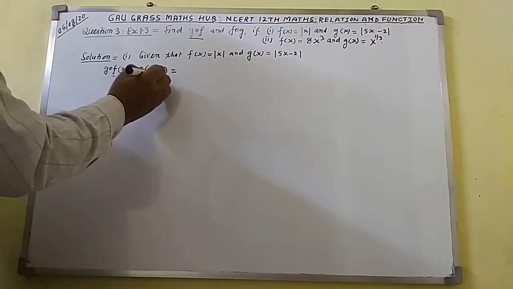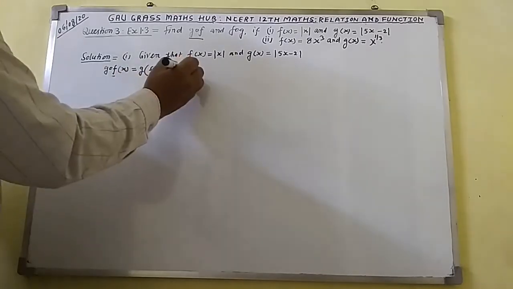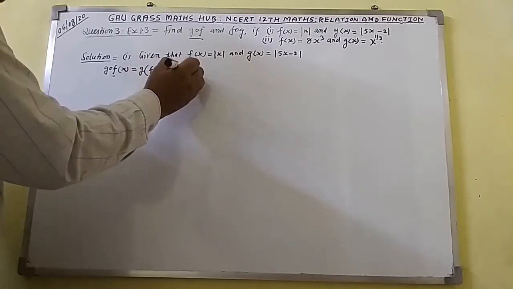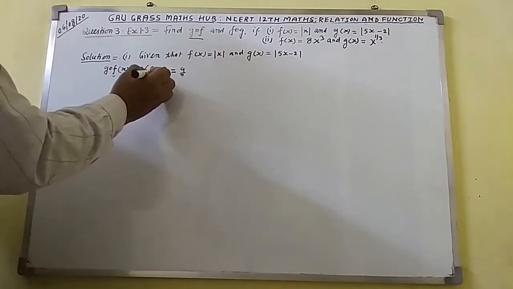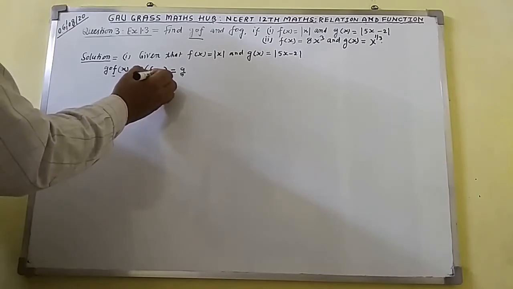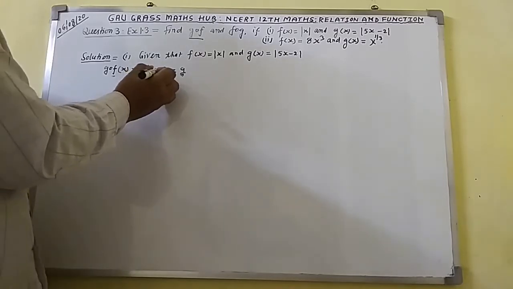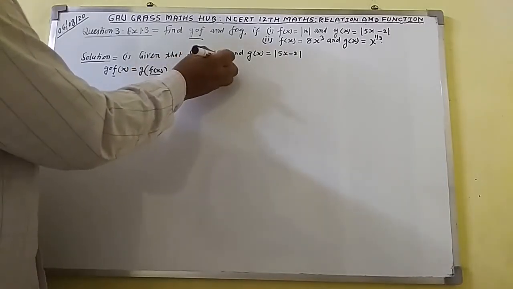Inside the bracket f(x) is there, so first of all g will be written here, and the value of f(x) will be taken from this place.